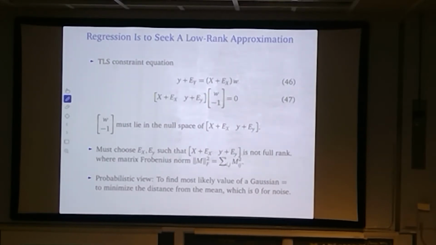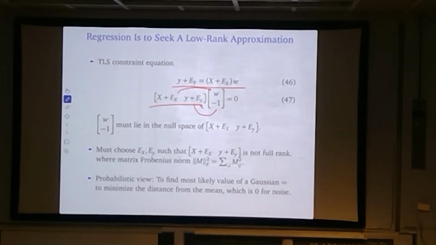So come back to the TLS constraint equation. Y plus some adjustment equals X plus some adjustment times this linear combination coefficient. And it's very easy to turn into matrix form, right? It's W multiplied by this, and Y, this term, minus 1, since I move this to one side, okay?